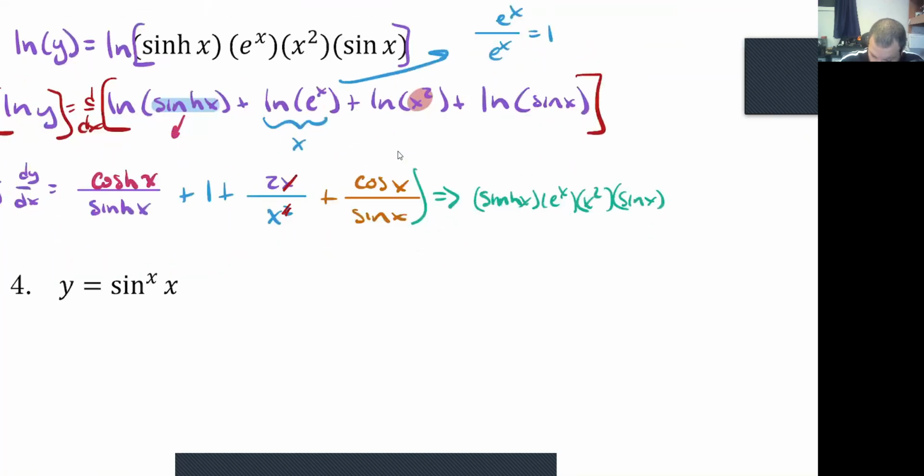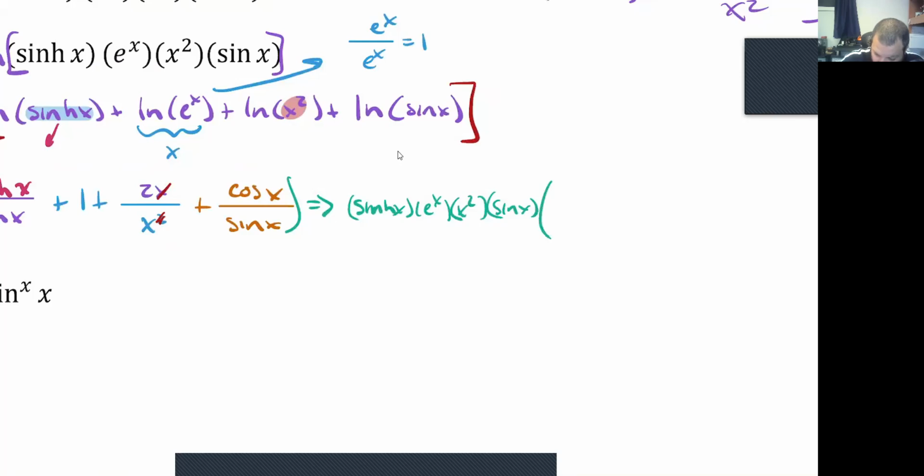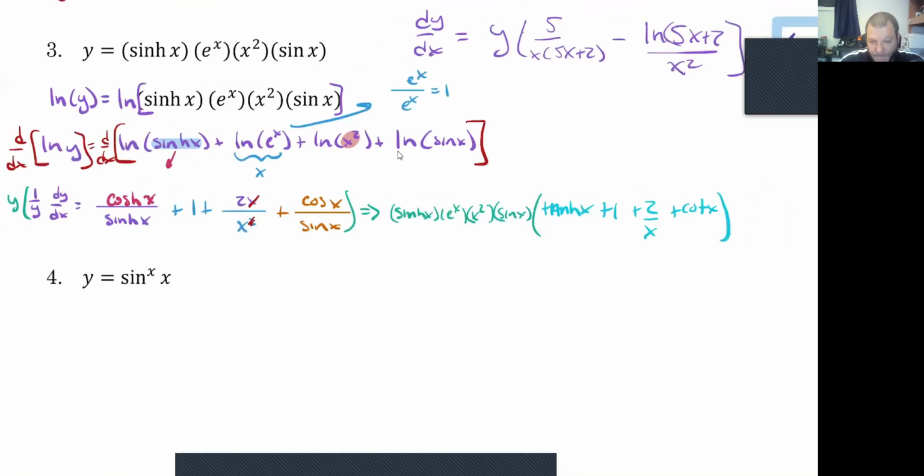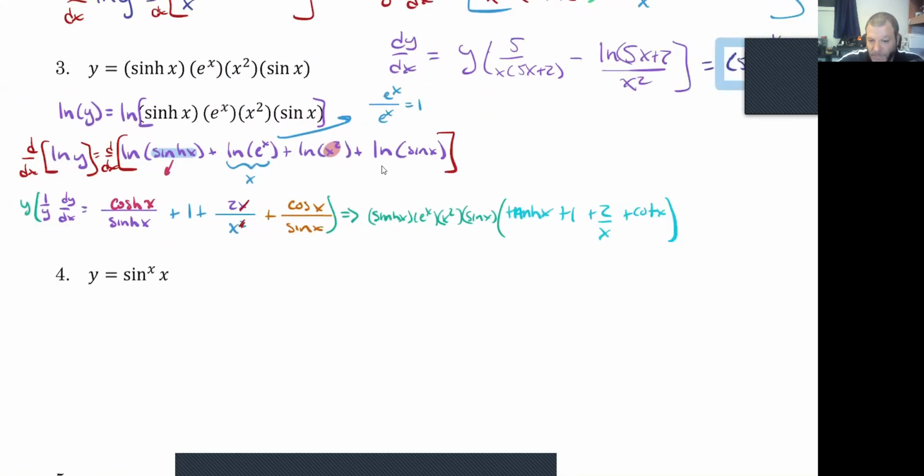This whole thing is going to be cosh over sinh. I'm just going to write that as a tanh, plus 1, plus 2 over x, plus cosine over sine. That's a cotangent of x. That would be our derivative. Yeah, that's the derivative.